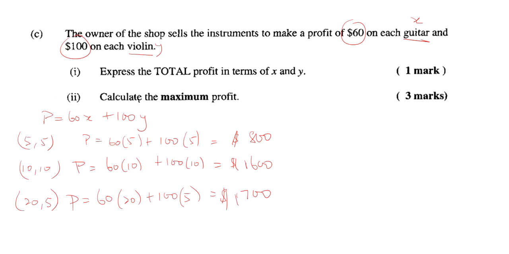Alright, so our maximum profit is therefore 1700. Right? So the answer for this part is 1700. And if they were to ask you what the quantities are that we need to sell, we need to sell 20 of the guitars and 5 violins.